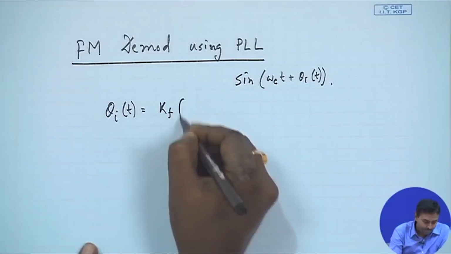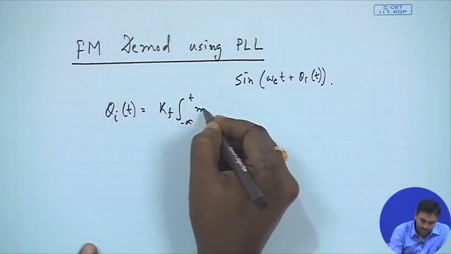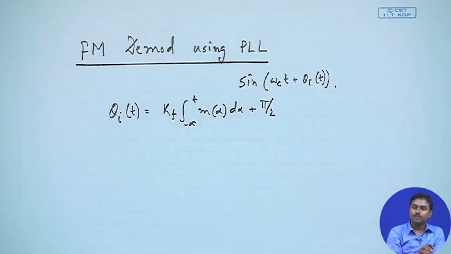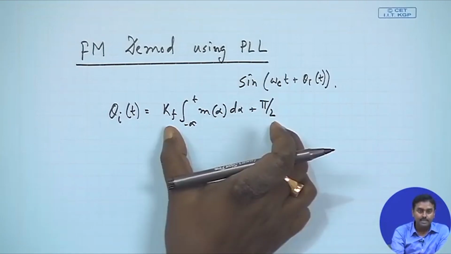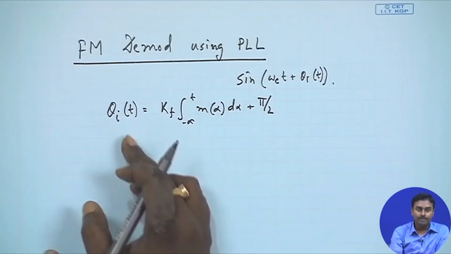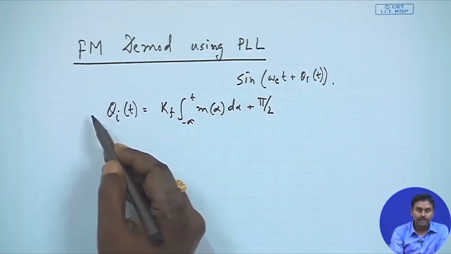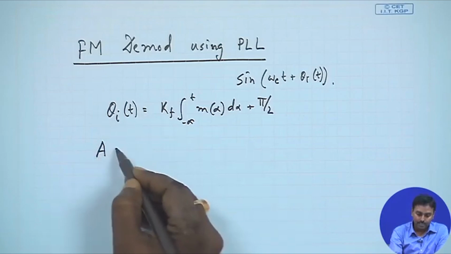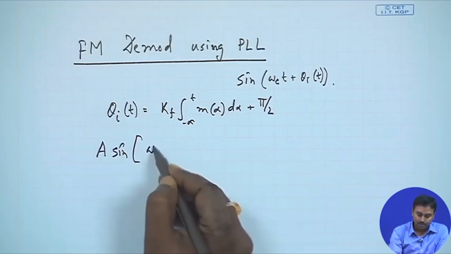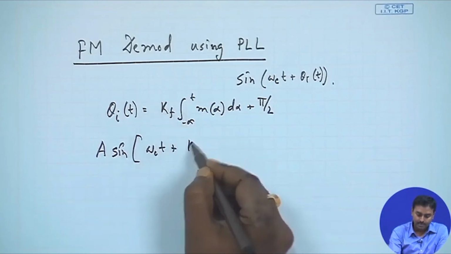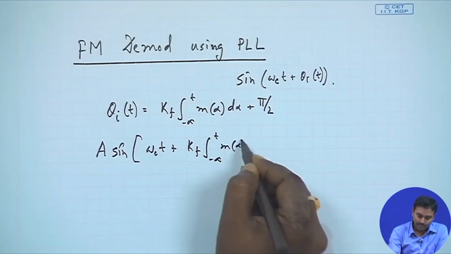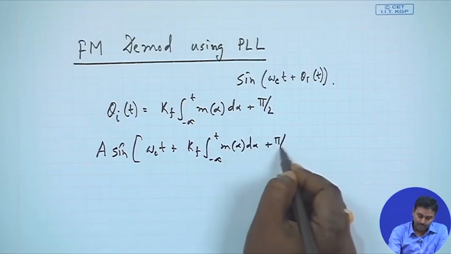So, therefore, my θi(t) should be kf ∫ from minus infinity to t of m(α)dα plus π/2. Okay. If this becomes θi(t), so immediately I can put my FM input as A sin(ωct + θi(t)), which is kf ∫ from minus infinity to t of m(α)dα plus π/2, right.